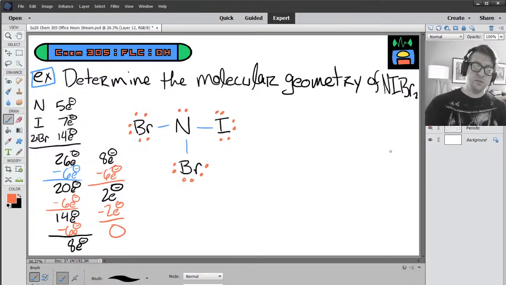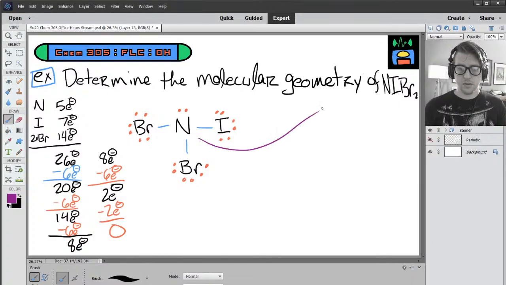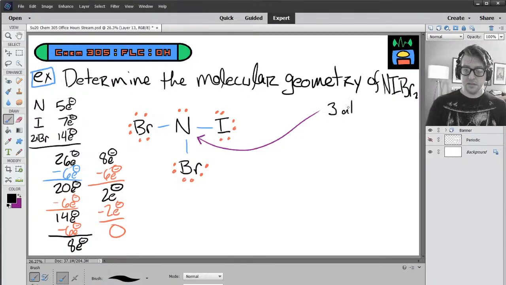Now, to do that, we have to look at our central atom. So nitrogen is our central atom, and around our central atom we have 3 atoms and 1 lone pair.